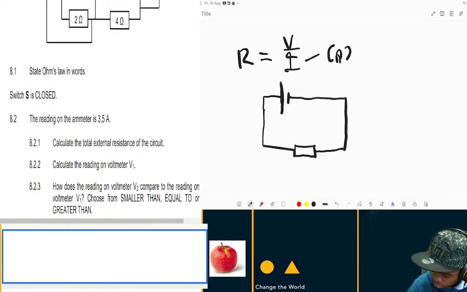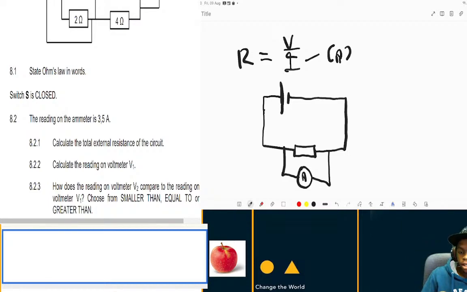There's no way I'm going to place it like this. If you place an ammeter in parallel like this, it won't measure your current. So this is the correct form. If you want to measure current, you place your ammeter in series, not in parallel. So if I want to measure the current going through this resistor, I will place my ammeter here or anywhere here. That's still fine, but the most important thing is that it should be in series.